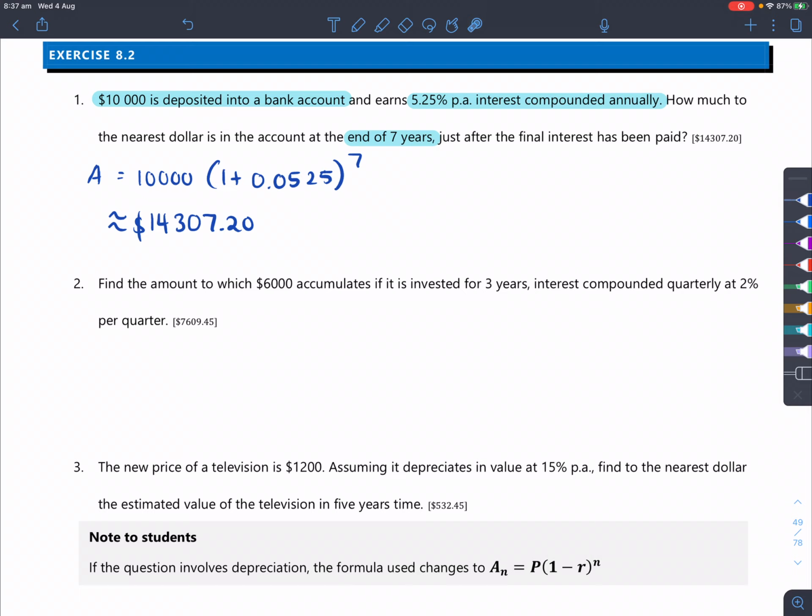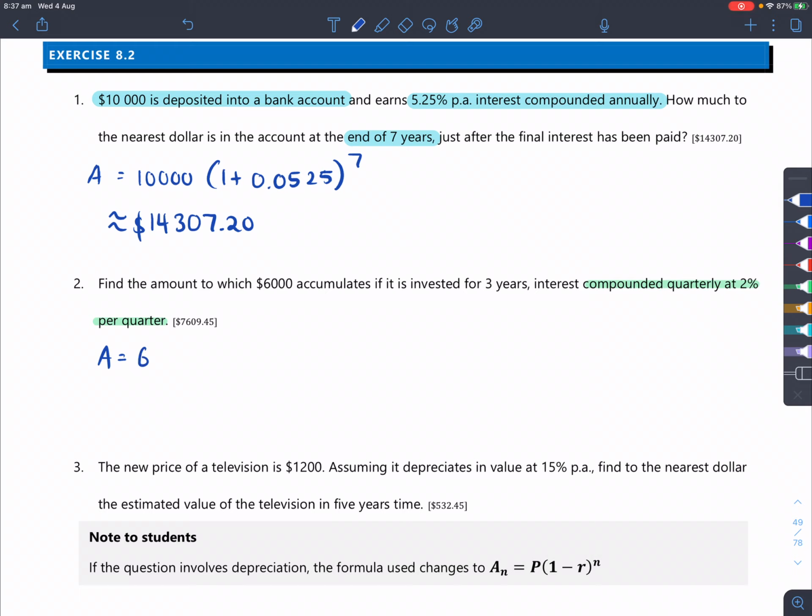Find the amount to which $6,000 accumulates to if invested for 3 years, compounded quarterly at 2% per quarter. So notice how this is 2% per quarter. So you've got to follow this duration. 3 years worth of quarters, remember, is 3 times 4, which is 12.